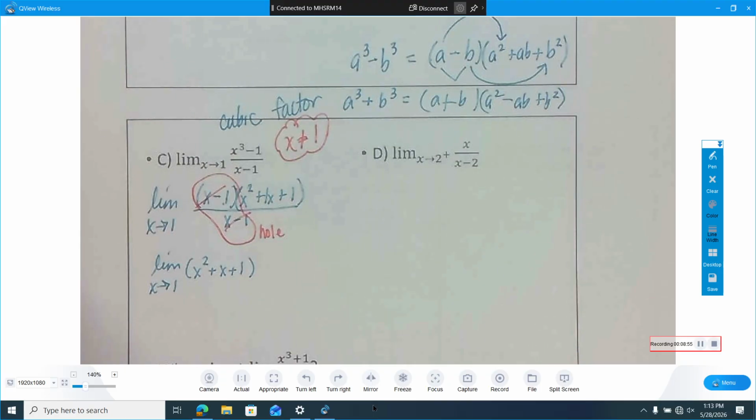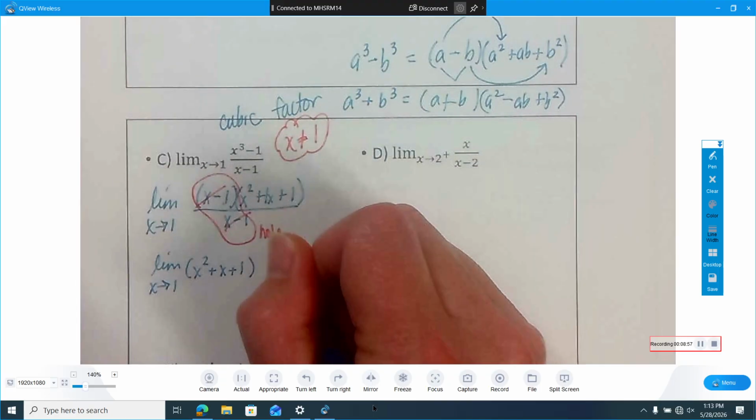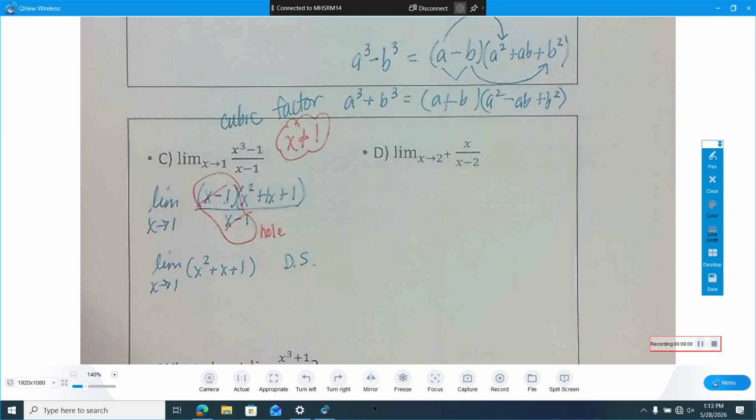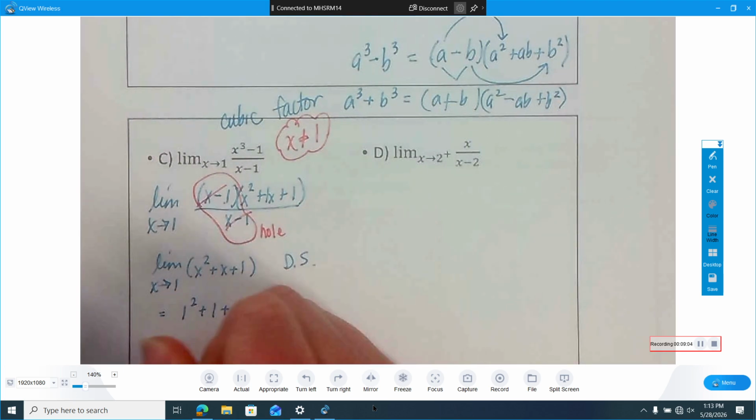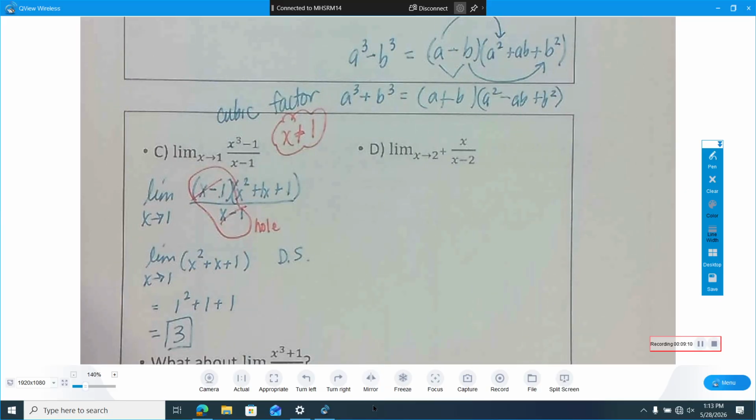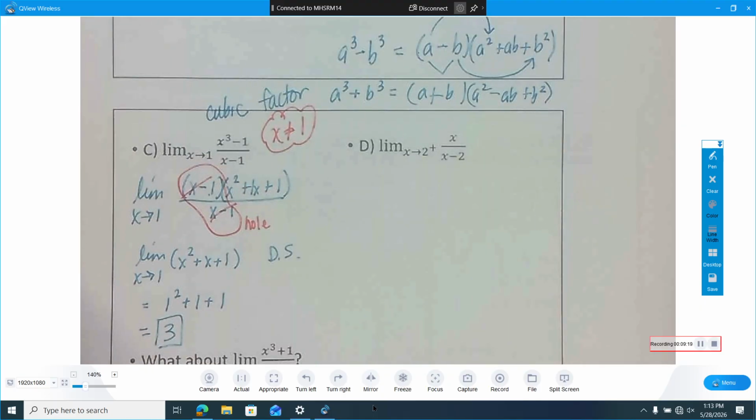So a simplified function, and now we can do direct substitution. That's going to give me 1 squared plus 1 plus 1, which is 3. All right. So graphically, that became a hole, but really it just simplifies for us, and we can figure out that non-existent y-coordinate. Really weird.